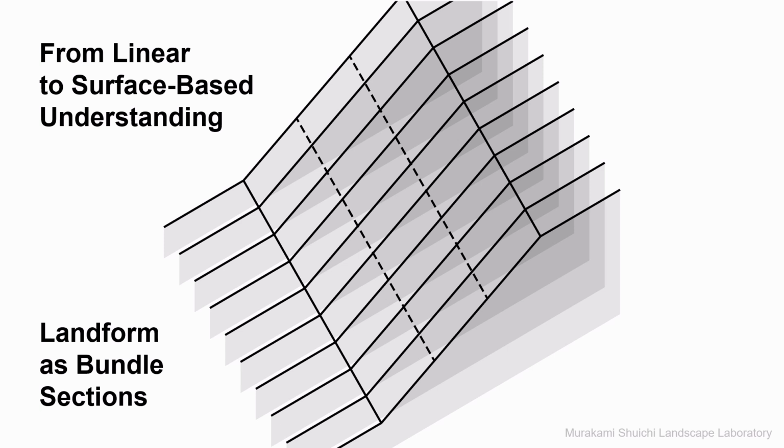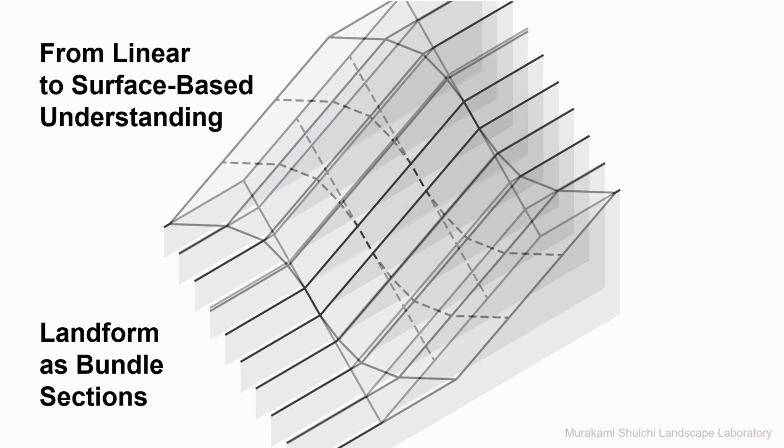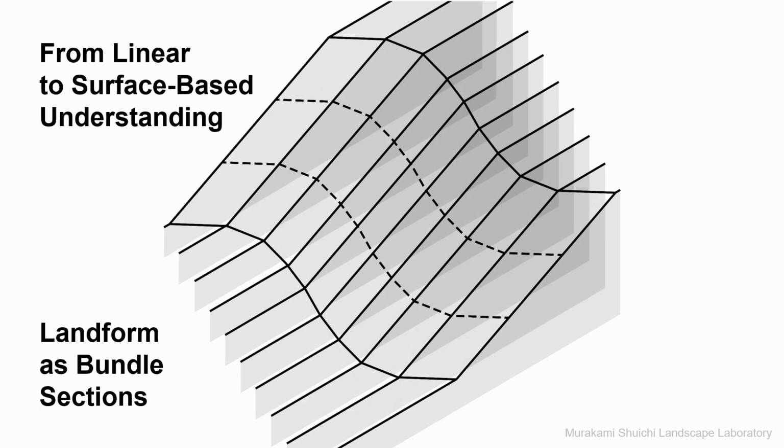The contour lines also extend accordingly. However, the sections along the path and on either side are not necessarily the same. There may be landforms in which one side rises while the other descends. When we understand landform as a bundle of sections in this way, the meaning of contour lines becomes clear.